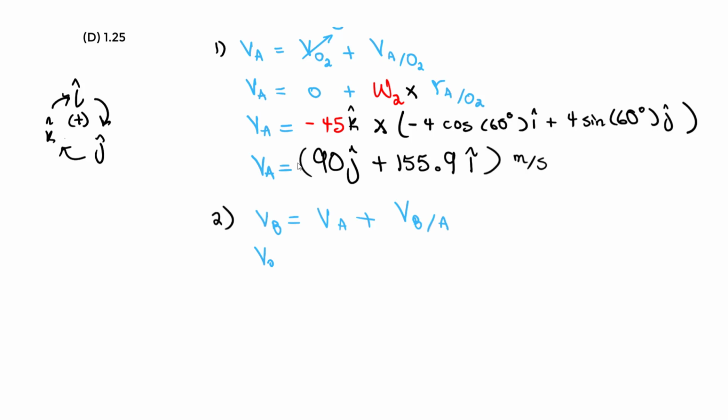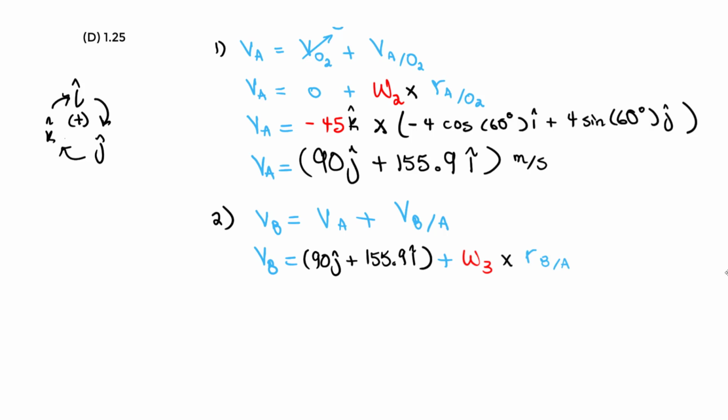So the velocity at B equals, what's the velocity at A? We just found that, right? So we just do the 90 in the J hat plus the 155.9 in the I hat. And we do plus the velocity at B with respect to A, which is going to be omega 3 crossed with the position vector RB with respect to A. So let's break this down further.